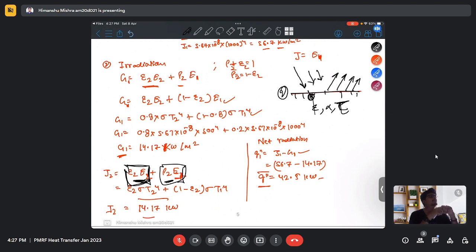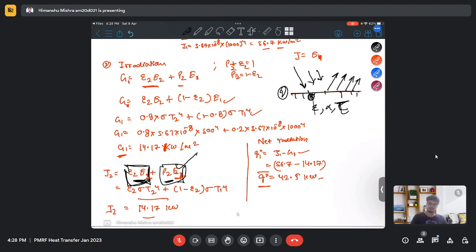I don't know what part you are actually asking. I am asking because whatever irradiation you are considering from surface 1 to surface 2, the same is reflected back. So this is the reflection part, rho 2.